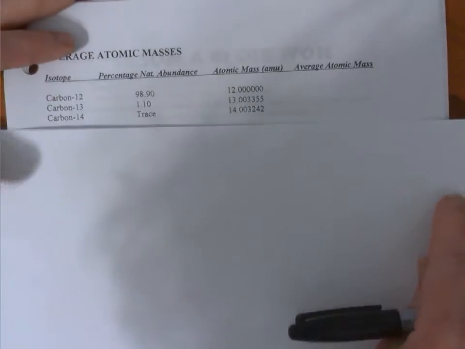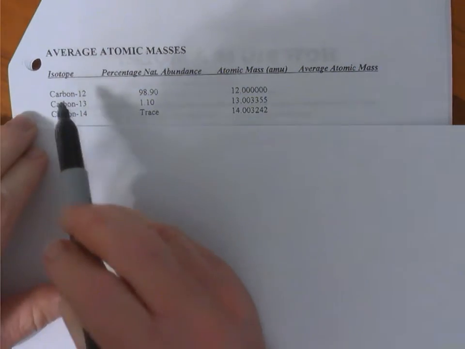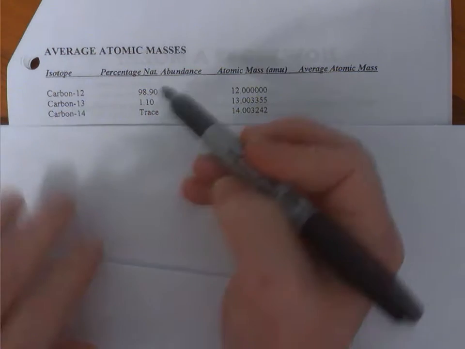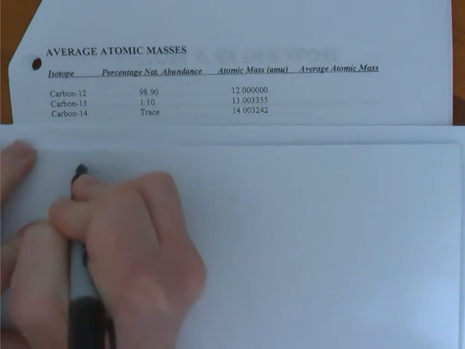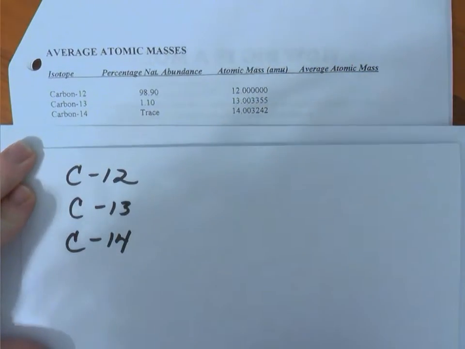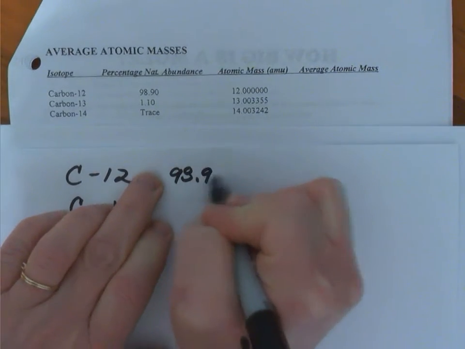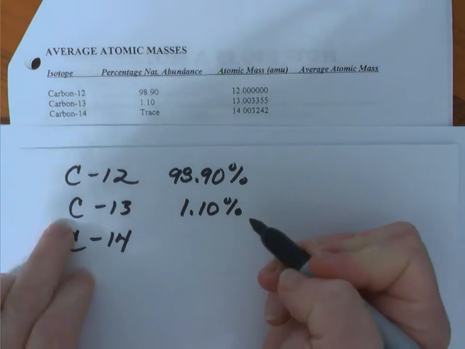There is not any expectation, of course, that you will know the different isotopes of every element. But if you were given this information, as well as the percent abundance of each isotope. So we've gone through that there are 3 forms of carbon. We encounter the carbon-12 form 98.90% of the time, and about 1.10% of the time, it's carbon-13.